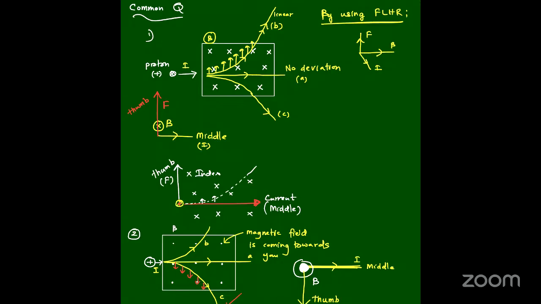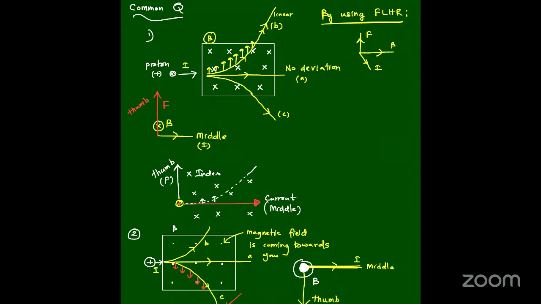If it is a neutron, the charge value is zero. So therefore, there won't be any force applied, and definitely there won't be any sort of deviation. Actually, it doesn't care about the magnetic field. It just goes through the magnetic field. So according to these two questions, if it is a neutron, it will follow the path A, right?